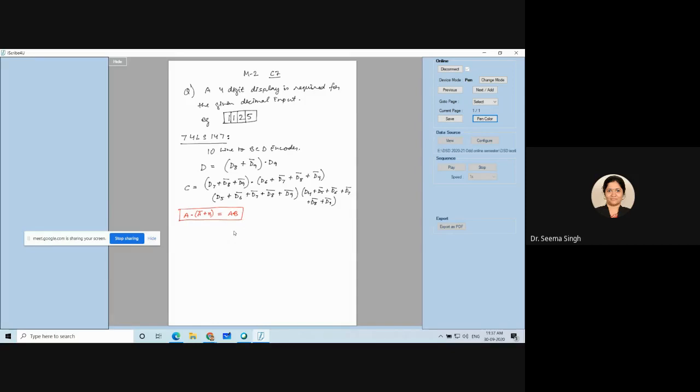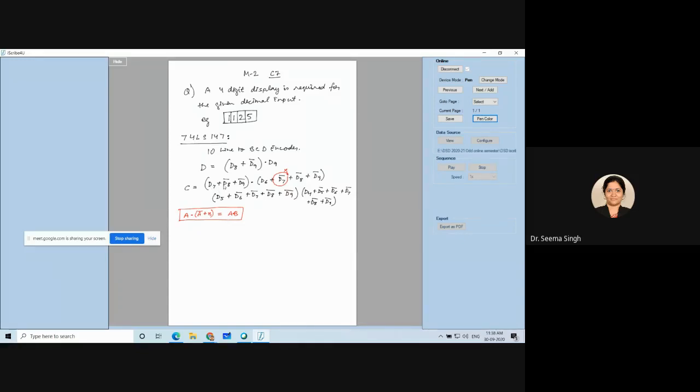This law shows that if any variable is present here and its complement is present in another sum term in this product of sums, then that term gets absorbed or eliminated. In the same way, this D7 bar will get absorbed in this term. Why will it get absorbed? Because D7 was available in the adjacent term.